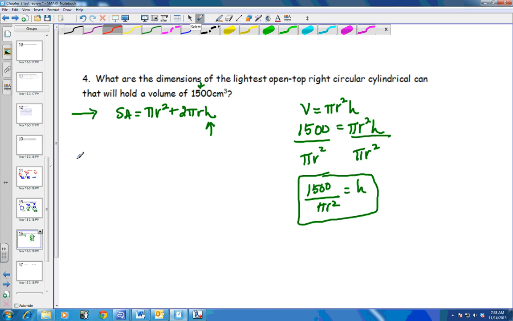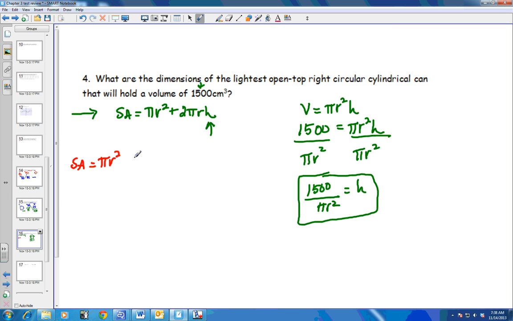So now my surface area equals pi r squared plus 2 pi r times h, and h is 1500 over pi r squared. So before I find the derivative of that, I'm going to simplify that as much as I can. That's pi r squared.